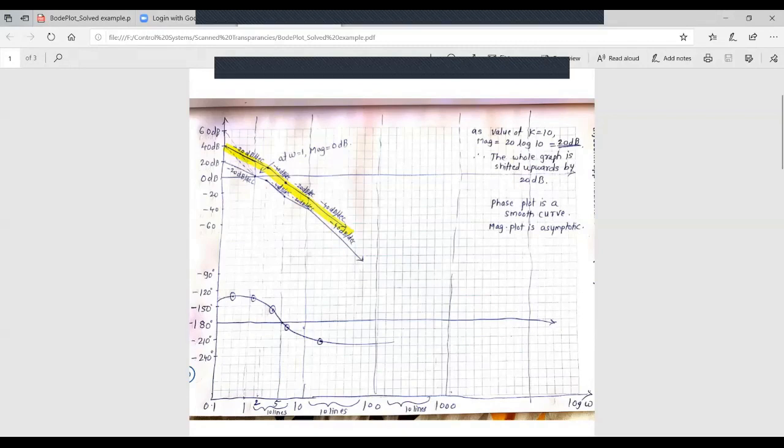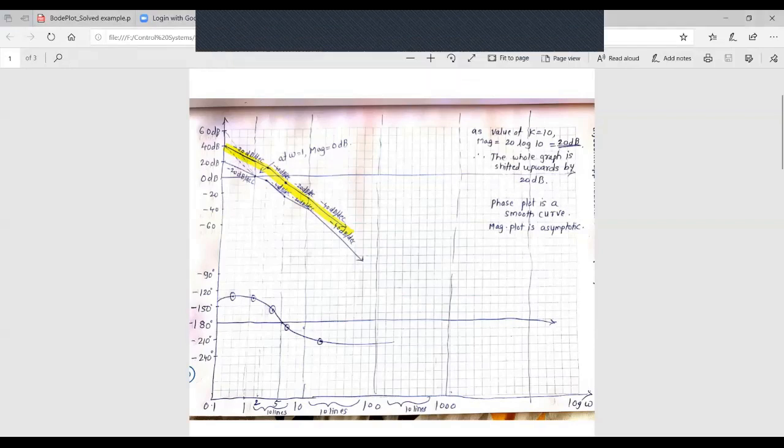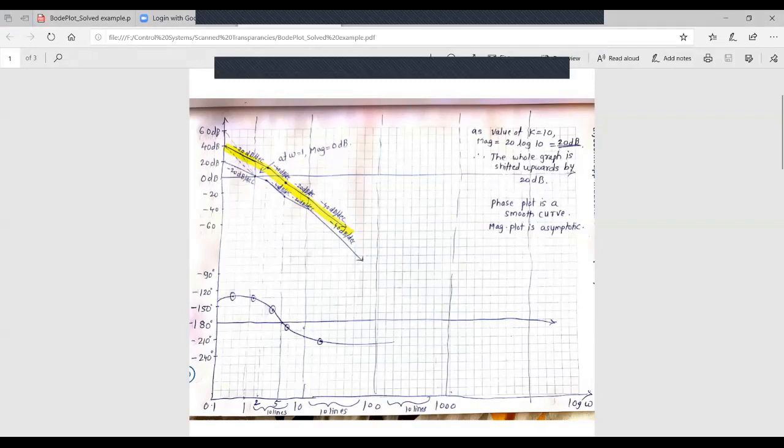So now the grid that is shown in the background is not the proper one. I have just plotted it for the sake of converting it into semi-log paper. Now what semi-log paper has: semi-log paper will have various partitions. Yesterday we discussed decades.